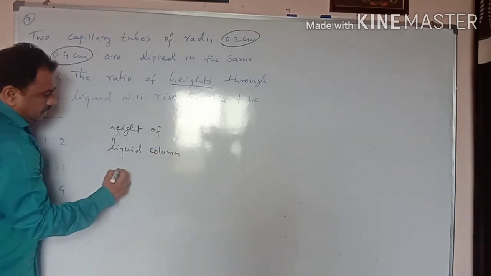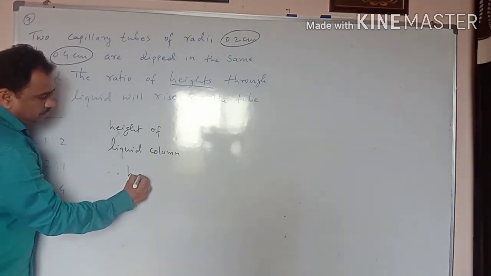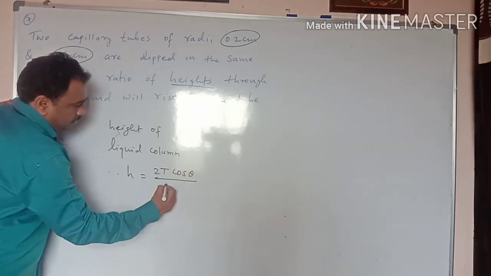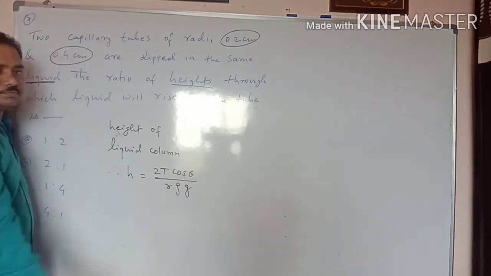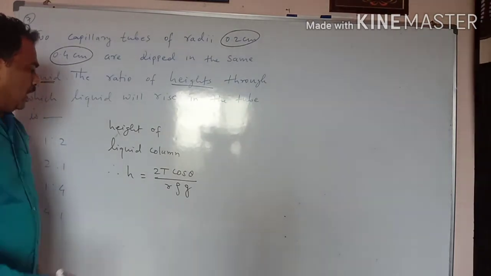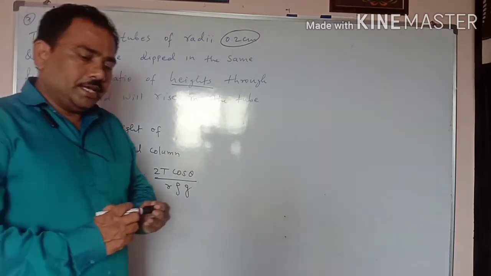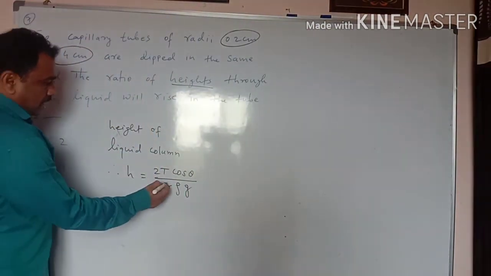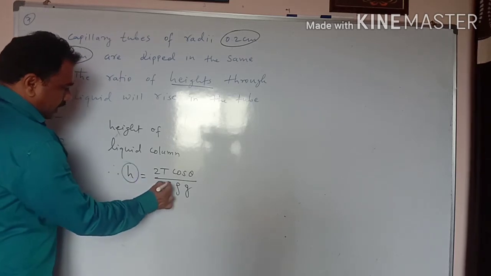We have seen that the height of the liquid column is exactly equal to 2T cos theta upon r rho g. So this is the proper formula to calculate the height of the liquid column. Now what will be the relation between the height of the liquid column and the radius? So here h and r.